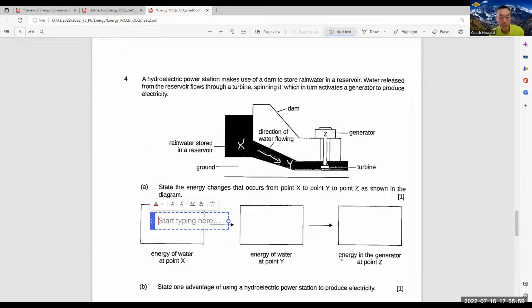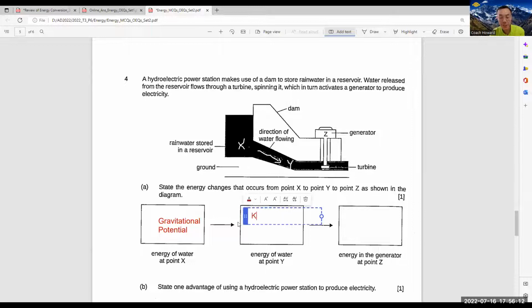So this is gravitational potential energy. Energy at point Y, this part is flowing fast, so it's kinetic energy of water. At the generator it is electrical. So this is the energy conversion.